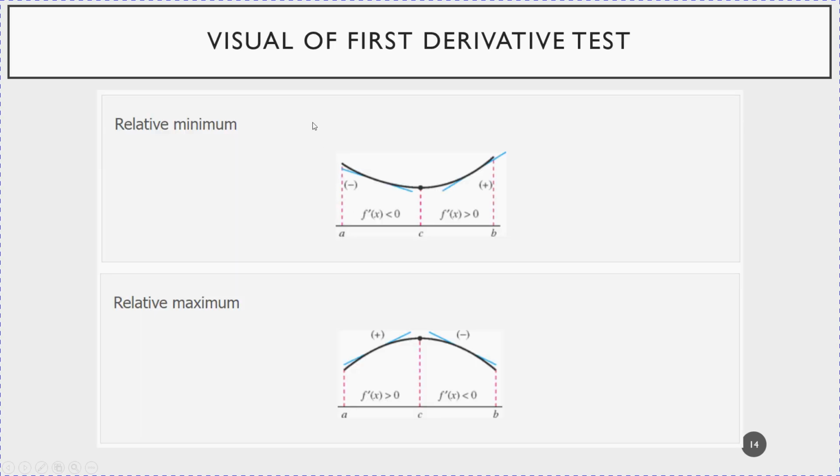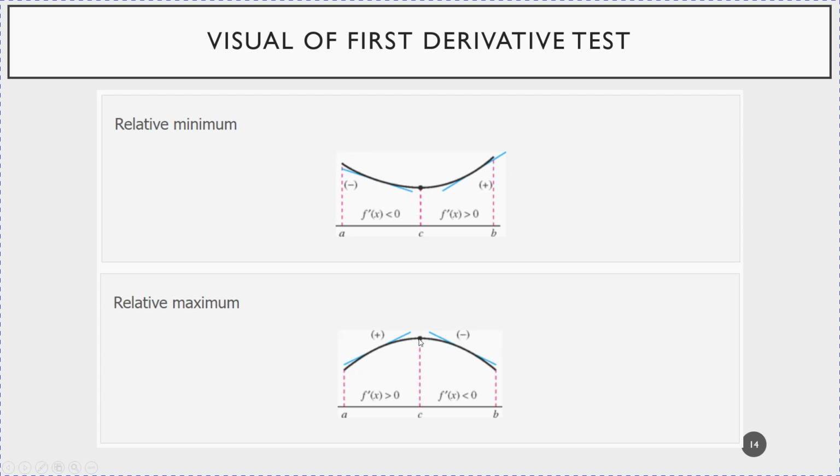Here's what we're talking about when you change from negative to positive. You're decreasing, the critical value is 0, so you have a horizontal tangent line, and then you're increasing here. Whenever your intervals change from decreasing to increasing, you have a relative min. On a relative max, the interval goes from increasing to decreasing.